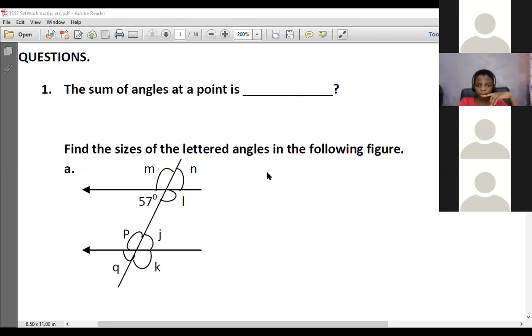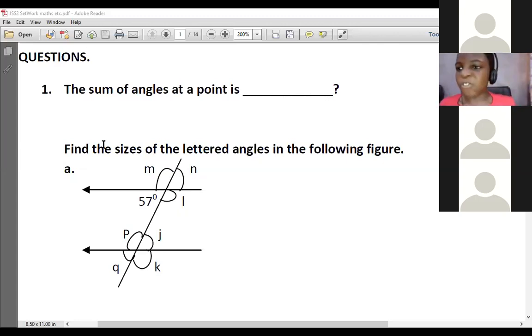Transversal. Transversal line, right? That's good. The reason is because it is cutting these two parallel lines.